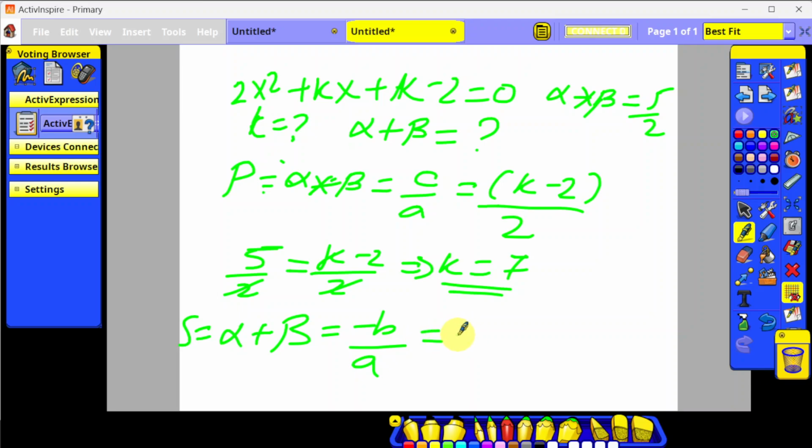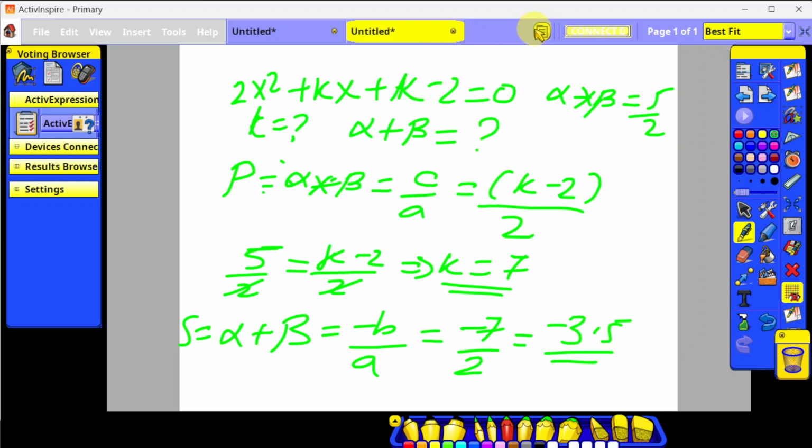In our case, b is k, that's 7, so minus 7 over a, which is 2, so that is minus 3.5, or minus 7 over 2. So the sum of all x's which satisfy this quadratic equation: actually there are 2 roots, but if you add both of them, you are going to get minus 3.5.